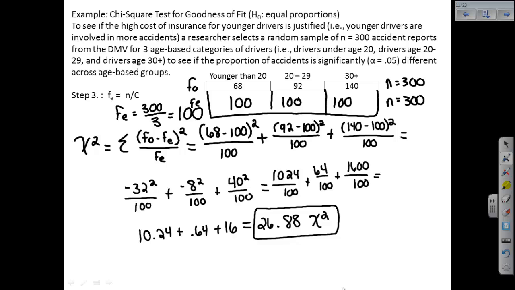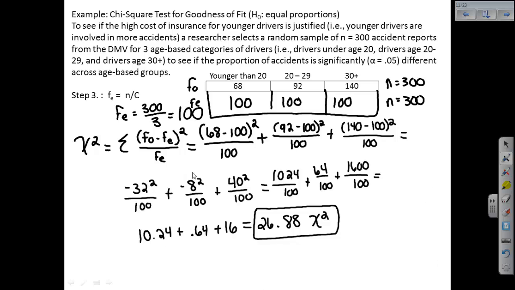So that tells us there's quite a big amount of difference between the observed frequencies in our data and the frequencies we would expect if the null hypothesis was true and there was an equal number of people in each group.